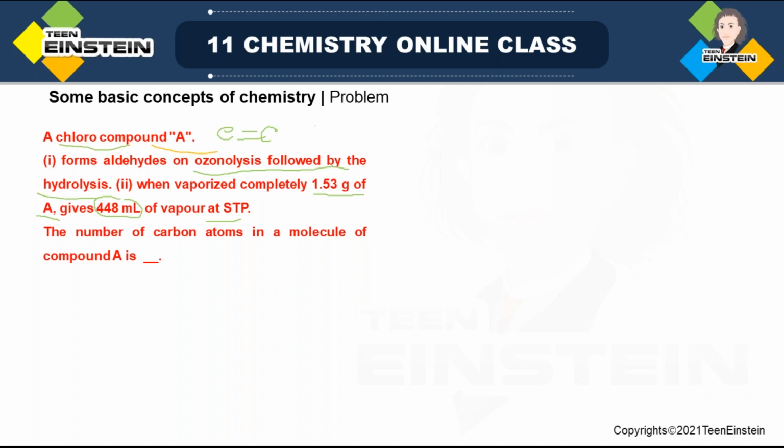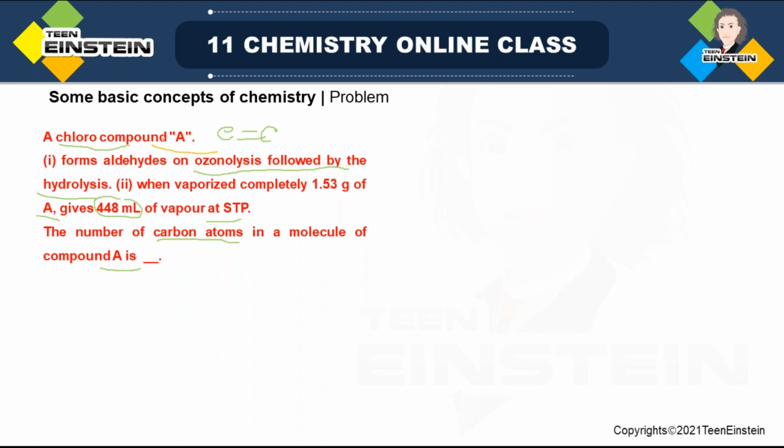And as the mass of species A is given, 1.52 is the given mass, and you also know the number of moles, you can easily find out the mass of this chloro compound. From these two pieces of information, you have to find the number of carbon atoms present in a single molecule of this compound A.